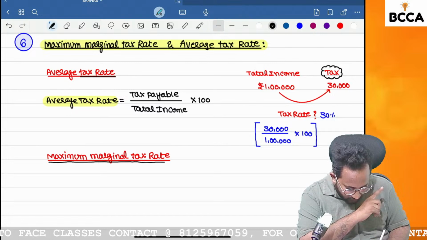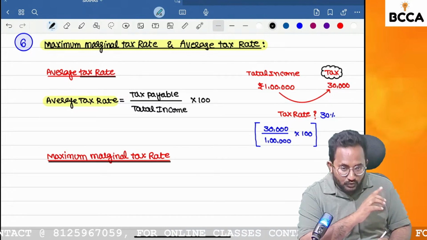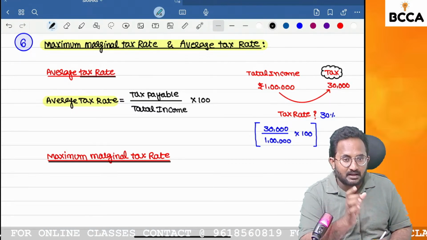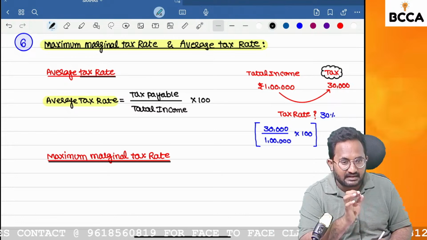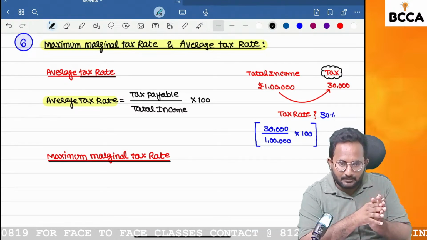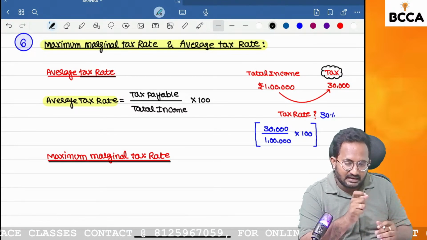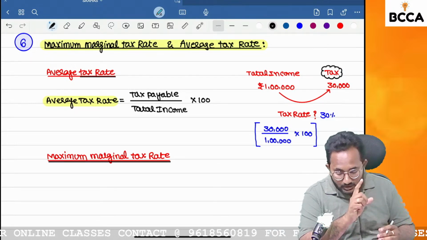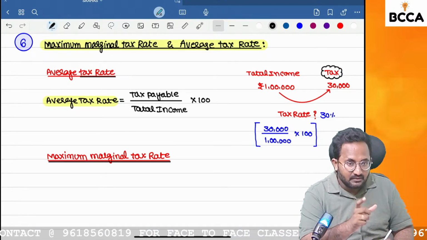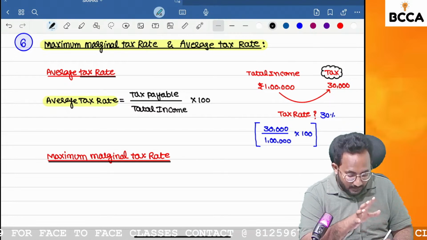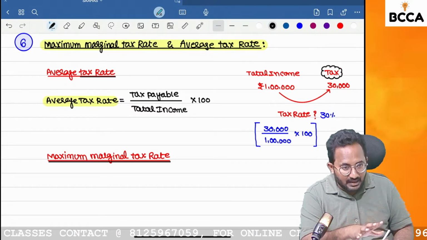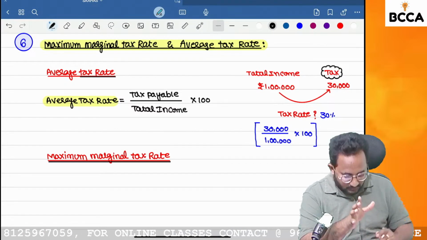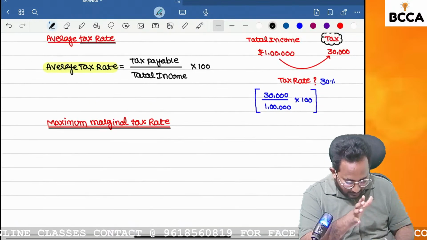If you do not fulfil that obligation, you need to pay tax at the maximum marginal tax rate. For example, if you do not submit the PAN, the permanent account number, in certain circumstances, then you have to pay tax at the maximum marginal tax rate. So how do we identify the maximum marginal tax rate?